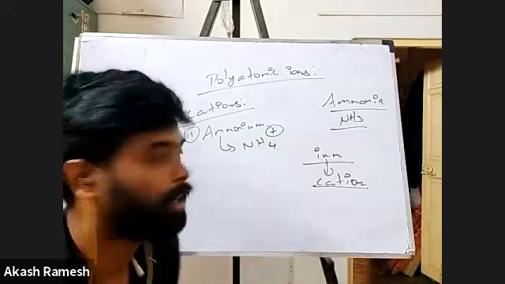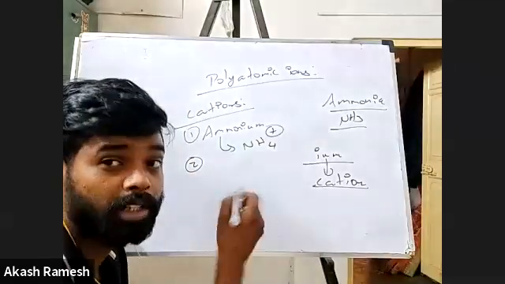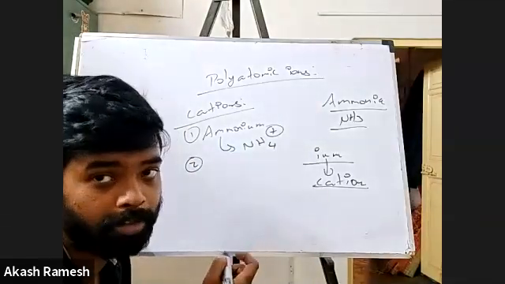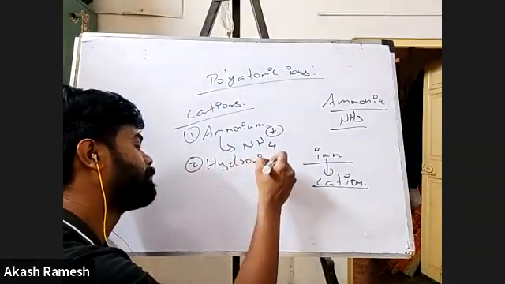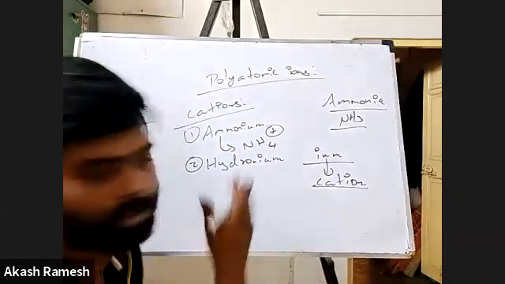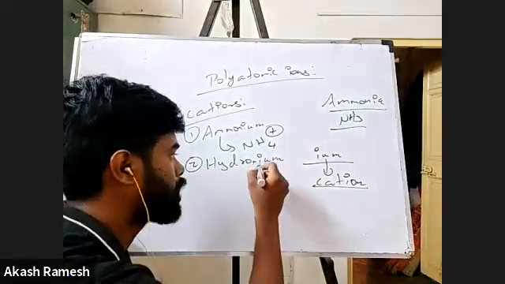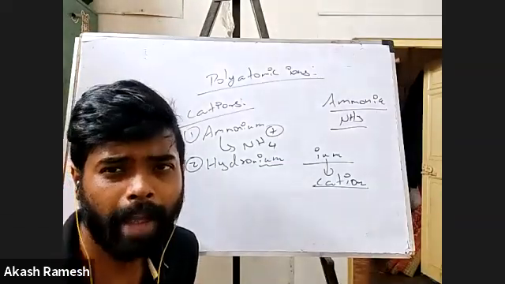Now there is one more which we don't commonly see, but you will see it in the next chapter, acids, bases and salts. That is the hydronium ion. You don't even have to write it out, because we can understand from the IUM that it is again going to be a cation.